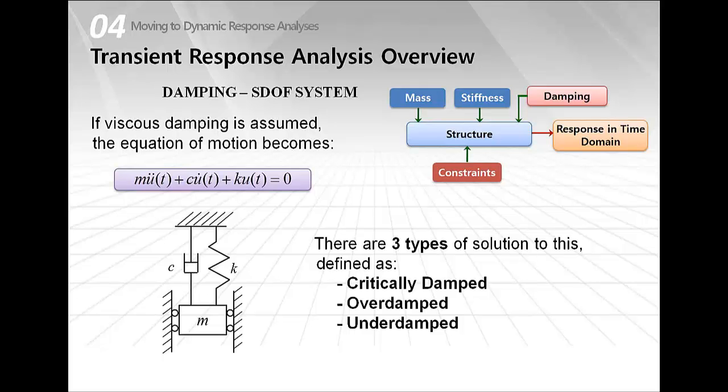To imagine these three cases, a swing door with a dashpot closing mechanism is a good analogy. If the door oscillates through the closed position, it is underdamped. If it creeps slowly to the closed position, it is overdamped. And if it closes in the minimum possible time with no overswing, it is critically damped.